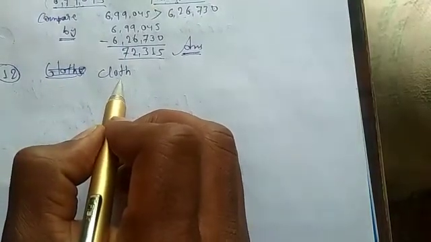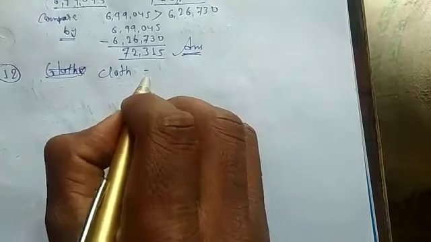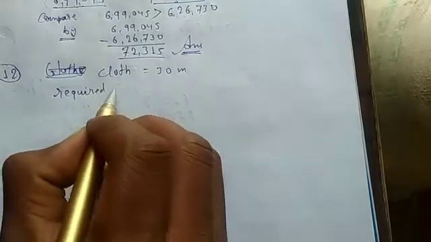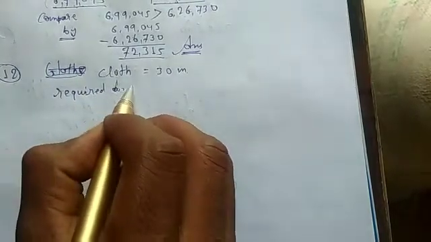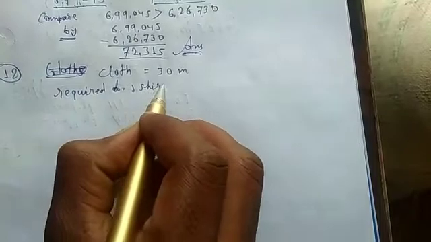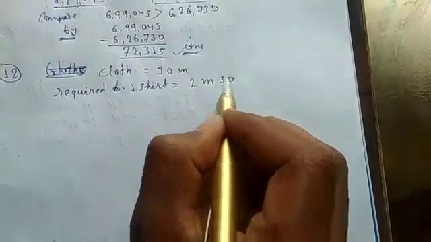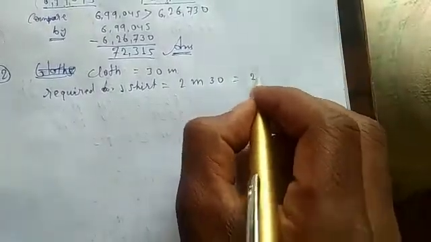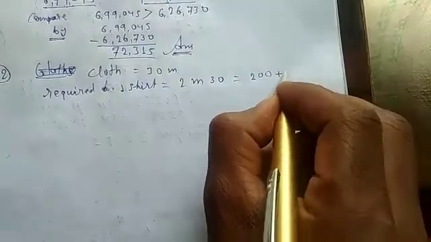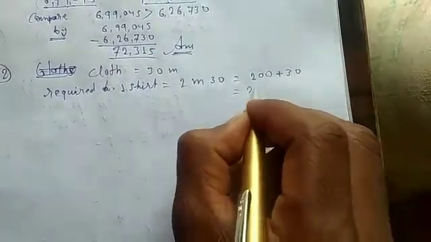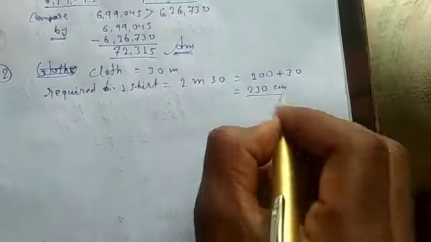The total cloth is 30 meter, required for one shirt equal to 2 meter 30 centimeter. 2 meter 30 centimeter means 2 meter is 200 centimeter plus 30 centimeter equal to 230 centimeter.